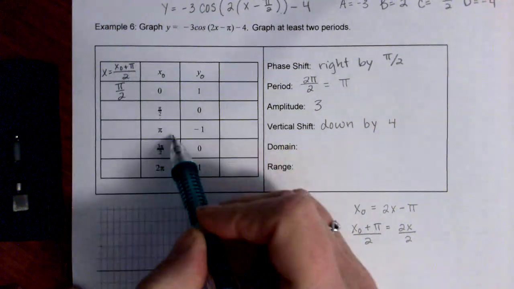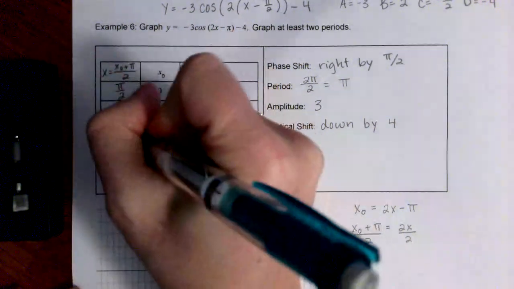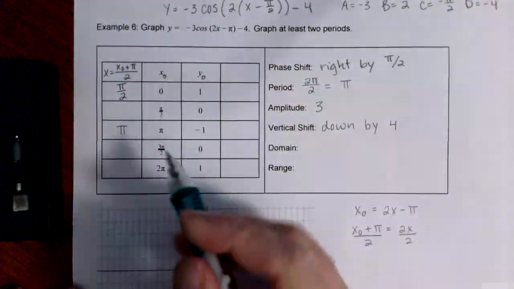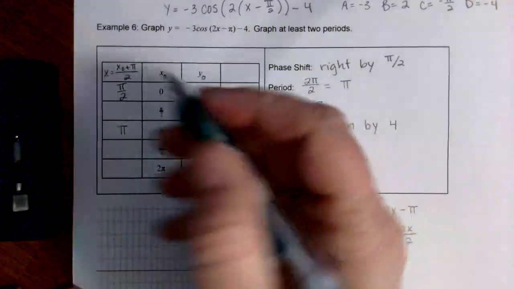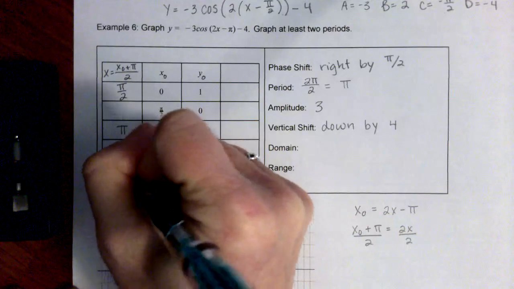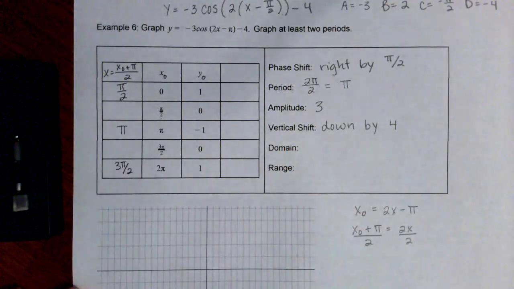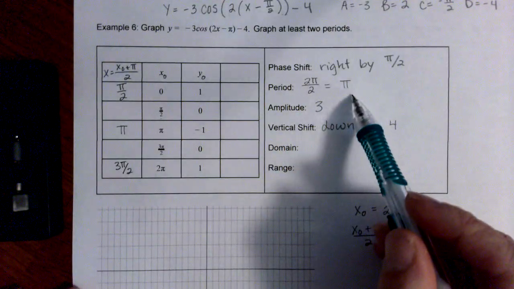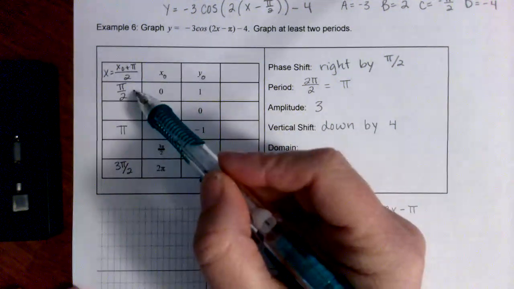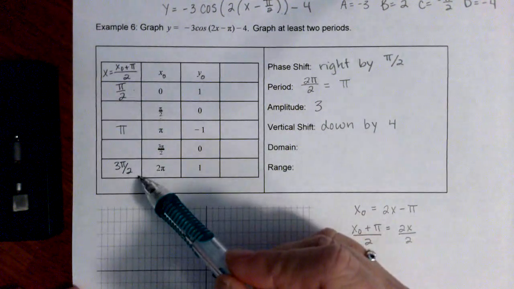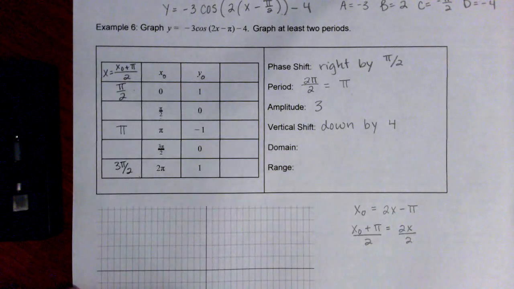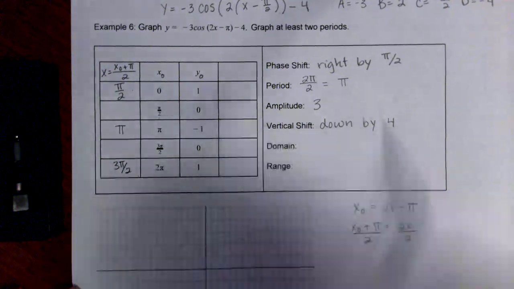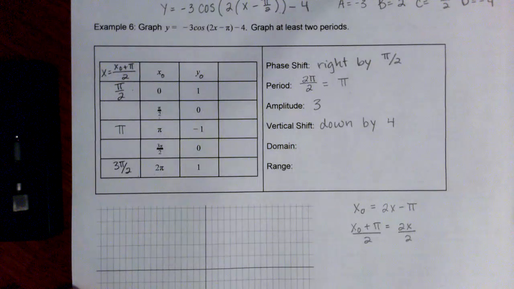Pi plus pi gives me 2 pi divided by 2 is pi. 2 pi plus pi is 3 pi divided by 2, I get 3 pi over 2. Now think about it. My period needed to be pi. So from my start to my finish should be pi. So 3 pi over 2 minus pi over 2 gives me 2 pi over 2, which is pi. So that's a good sign so far.